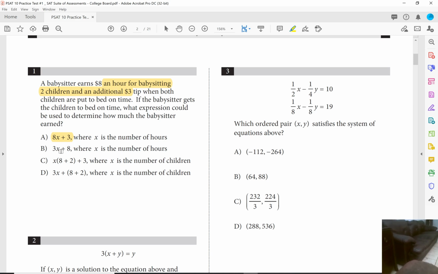So it's not B because, again, you're getting paid $8 an hour. And C is going to end up giving you 10X plus 3. That's not the question. And D is another nightmare where they just take the 3X and split it around. So you would have immediately eliminated B, C, and D because those are just ridiculous.